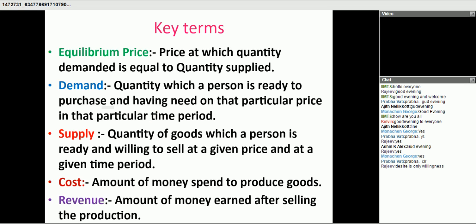What is lacking in desire, Rajiv? What else do we need to convert it into a demand? Yes, very good. Demand is the ability and the willingness to buy, and desire is just the willingness.